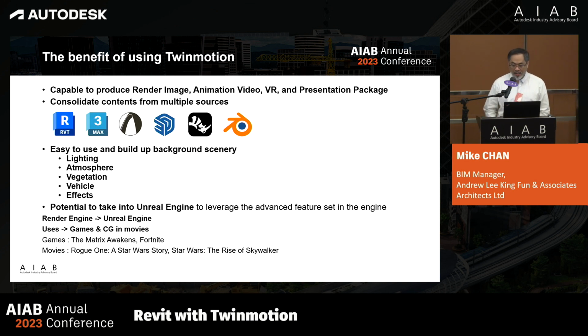And the benefit of using Twinmotion is they can produce not only still render images, they are also able to produce an animation video, what you've seen before, and VR if you've got the goggles. And also, surprisingly, a presentation package.